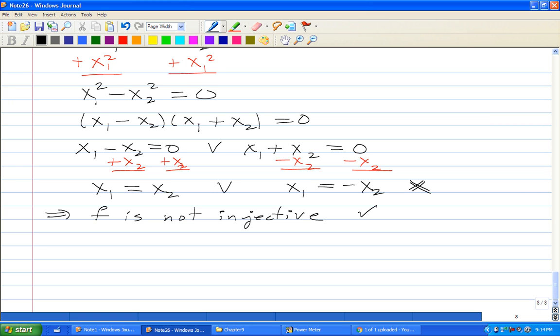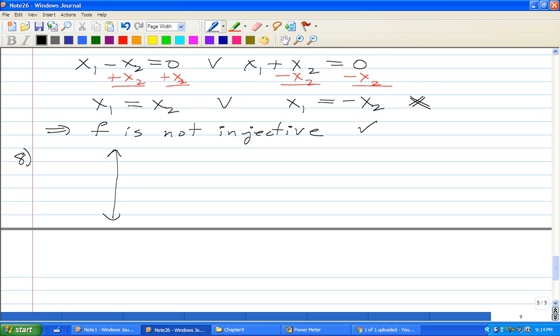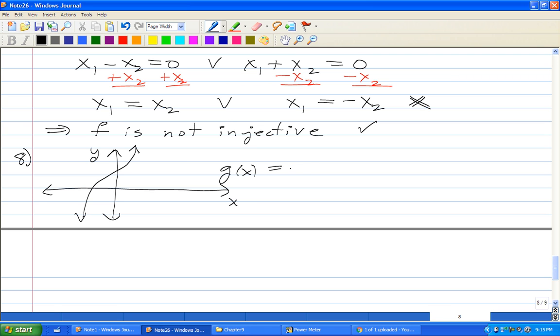Okay, so let's do problem number 8. Suppose I have the following curve. So it looks something like this. So g of x is equal to x cubed plus 2. Well, if I look at every horizontal line, I see that this curve intersects every horizontal line in at most one location.